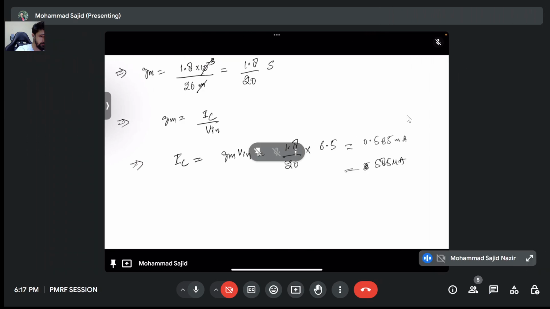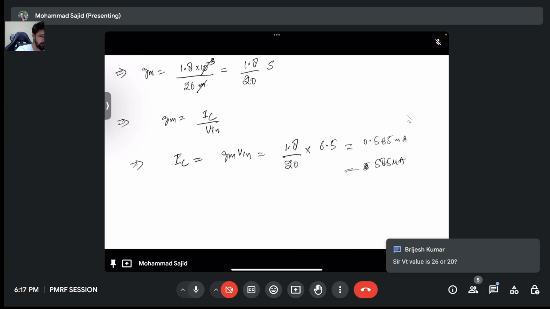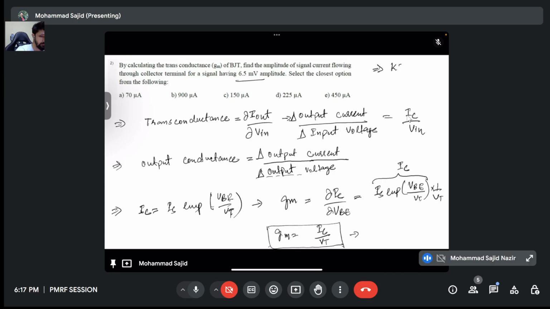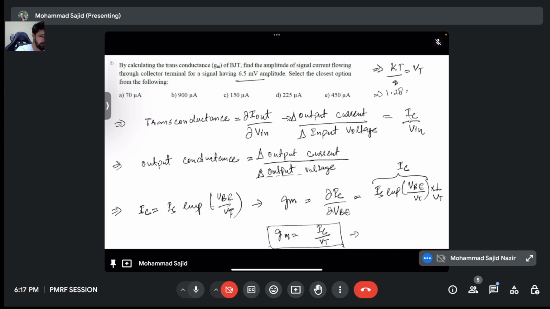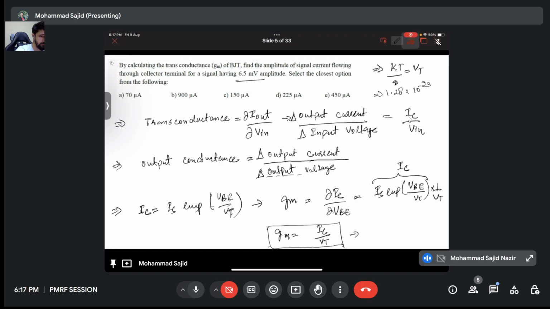We need to check the values because this is 26 millivolt. It is KT by Q. K is 1.28 into 10 to the minus 23, or 1.2 or 1.3. You need to check that value.